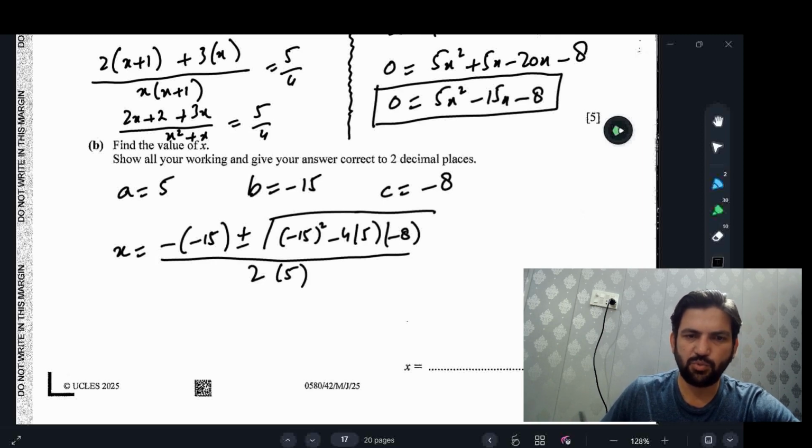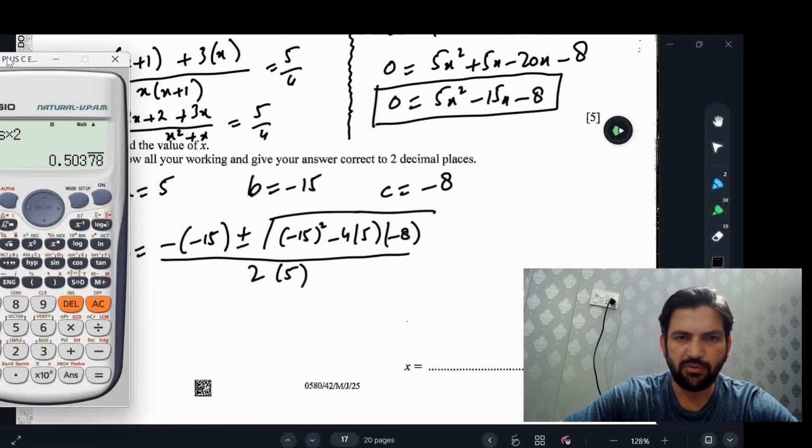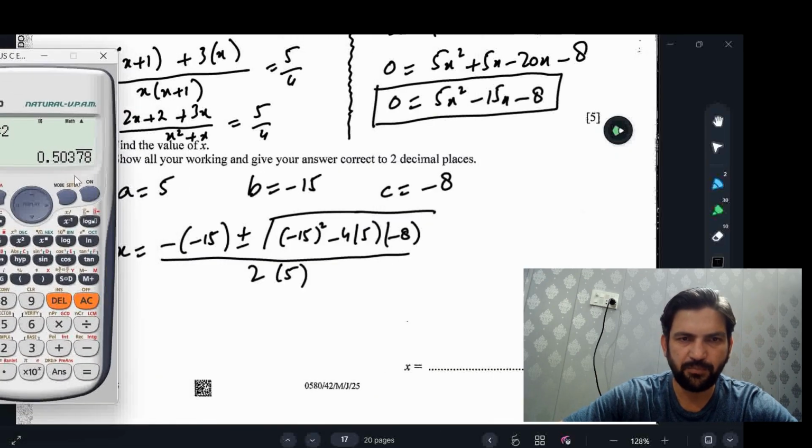Now after this what I will do is, I will try to find out the values using the calculator. So mod 5 3, a is 5, b is minus 15, c is minus 8.